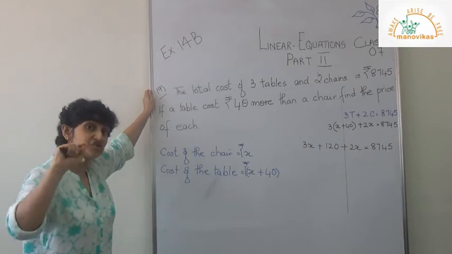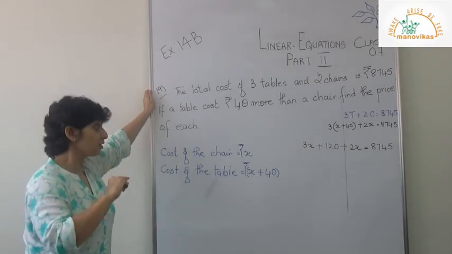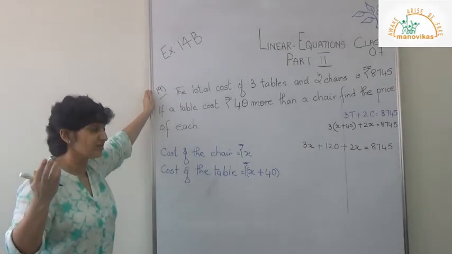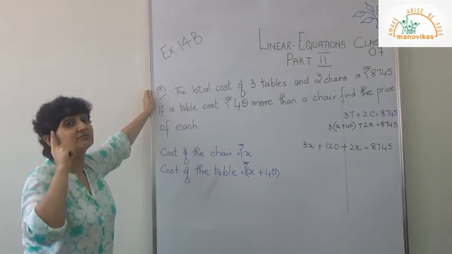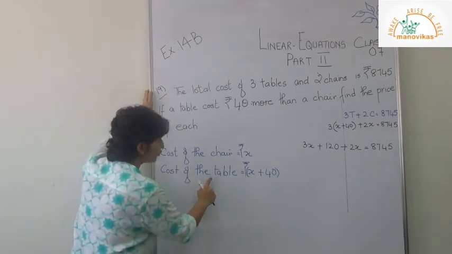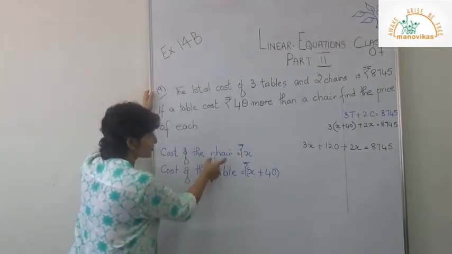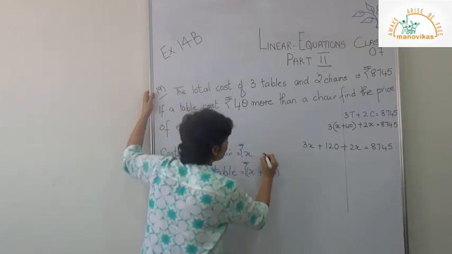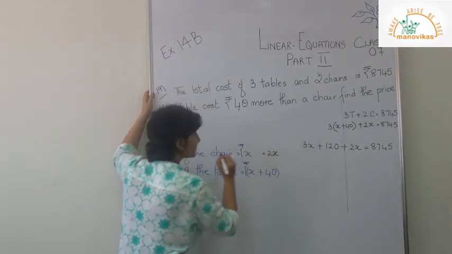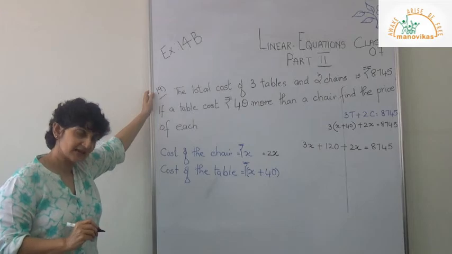Let the cost of your chair be X. Let the cost of the table be 40 more, so that will be X plus 40. Now we have 3 tables. You don't have just one. This is the cost of one chair, that is X. But I have 2 chairs. So this would be 2 into X, that is 2X. Clear?